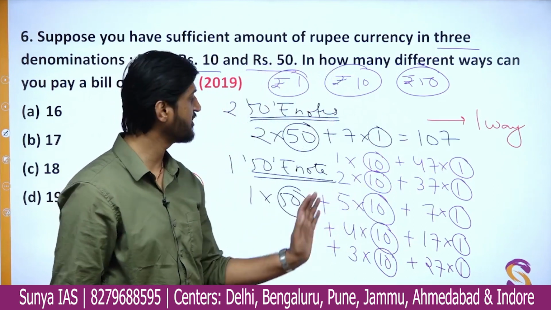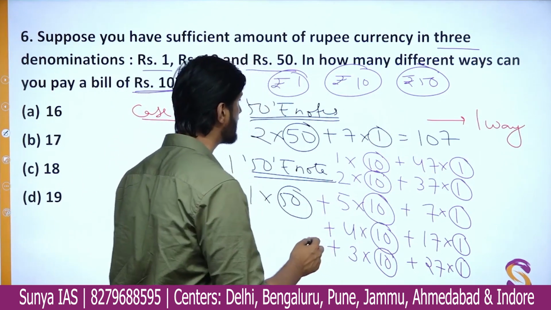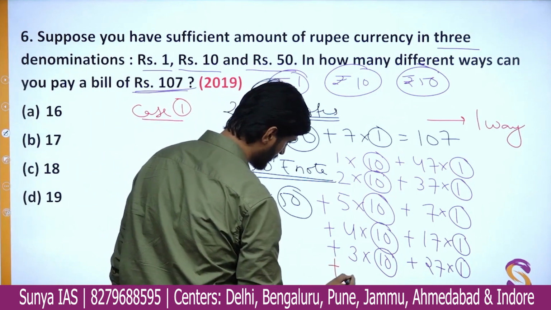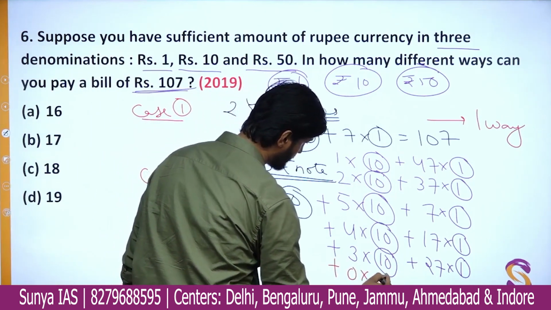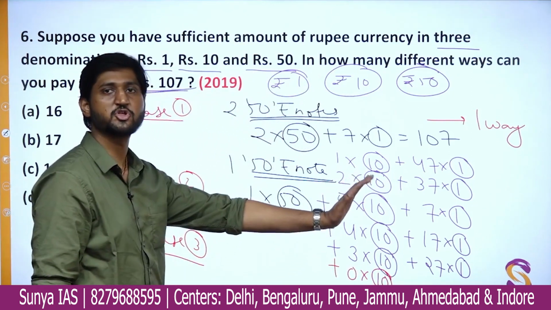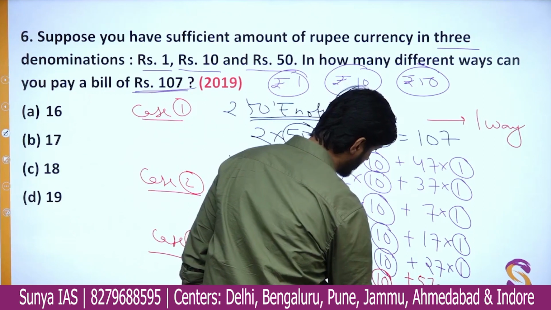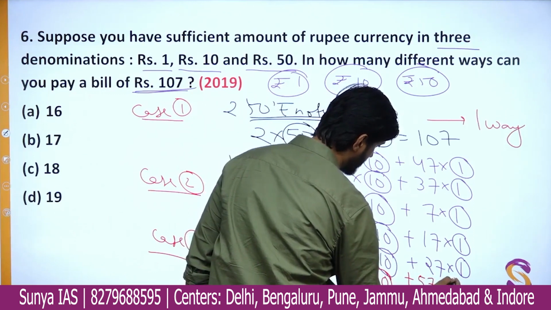And the last way would be that you do not take a single ₹10 coin and the remaining amount, which is 57 rupees, will be paid using simply 1 rupee coins.